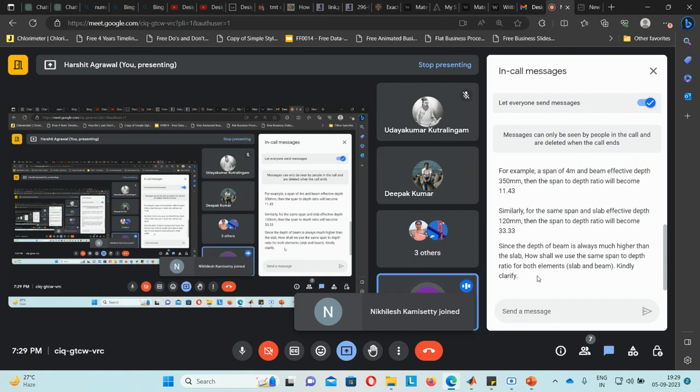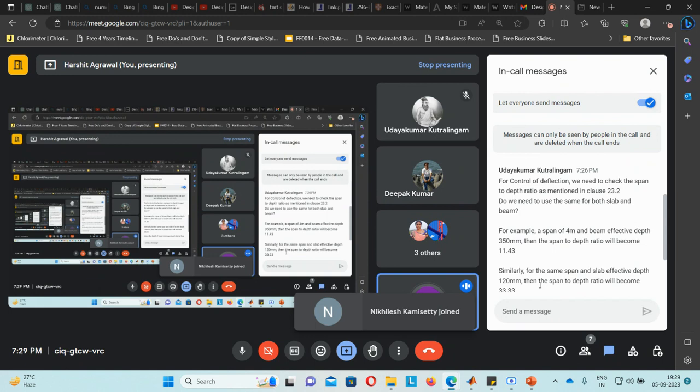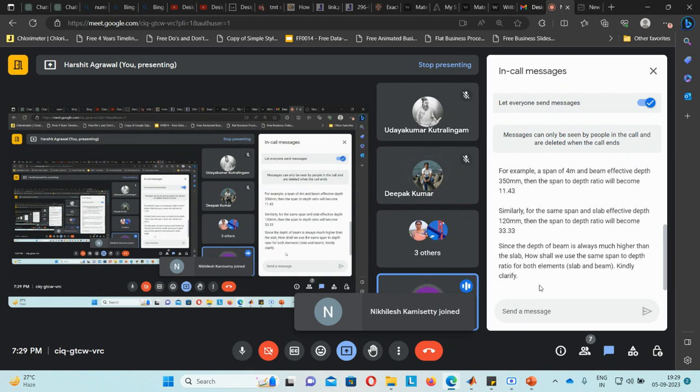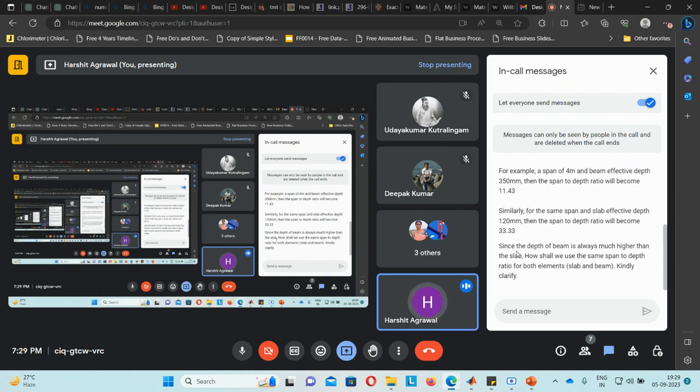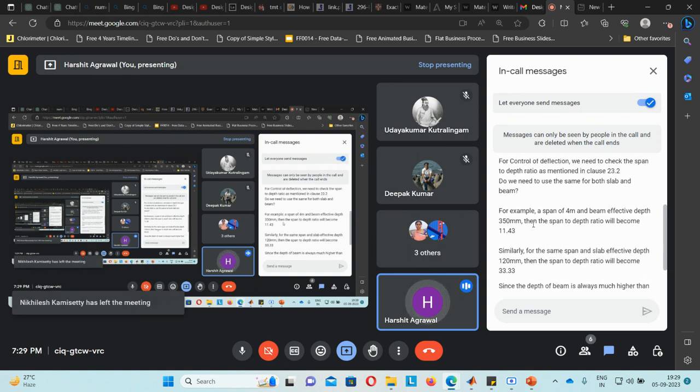I don't think so. For beam, we need to check for the control of deflection. I will get back to your doubt in the next class because I also have a confusion here of what you are talking. You're true that the depth of the beam is always much higher than the slab. I think that the deflection control we generally do for slab because the depth of the section that we are providing is very small.